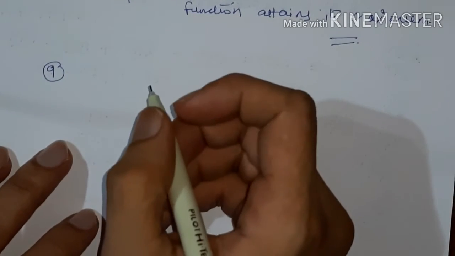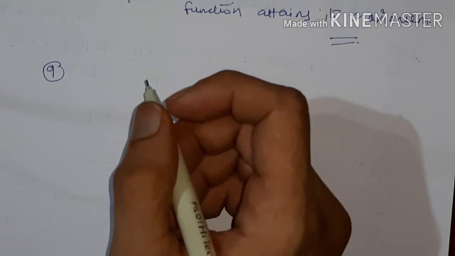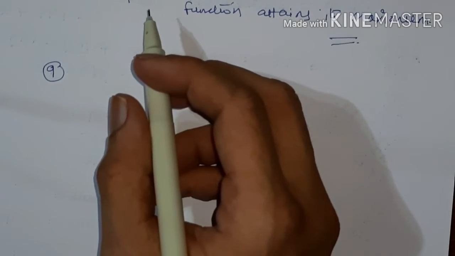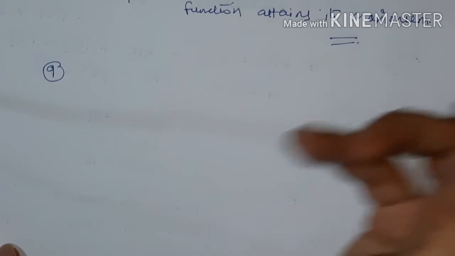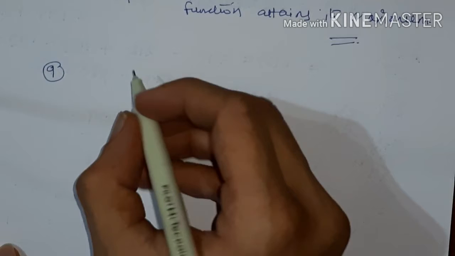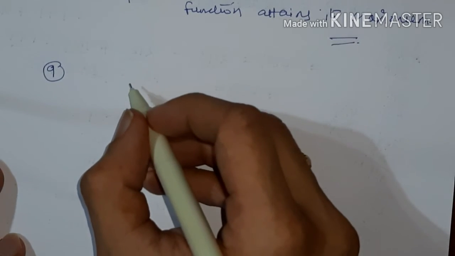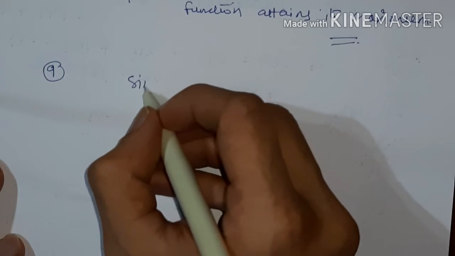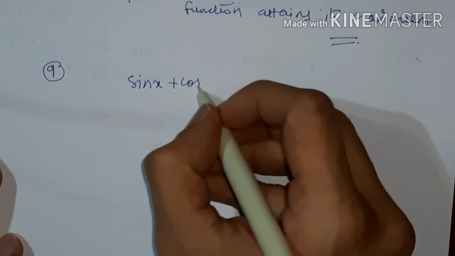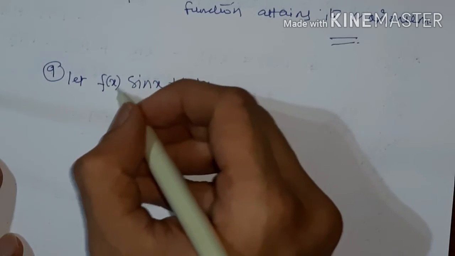It is not similar to the 8th one, that is the previous one, because there you had to find the x values at which the function attains its maximum. Here you just have to find the maximum value of the function. Now see, they have given a function which is sin x plus cos x. So let us call it f of x first, right?